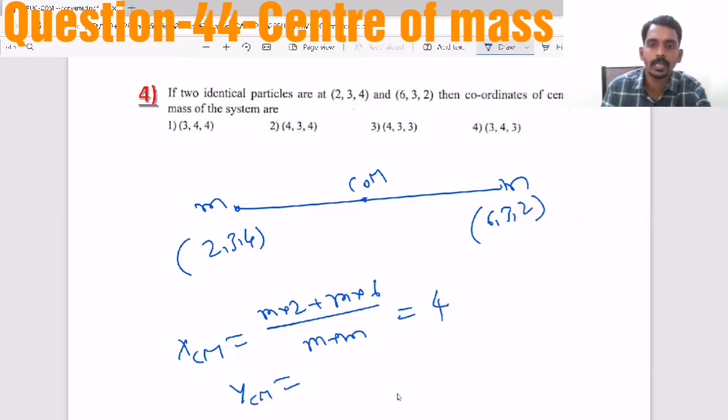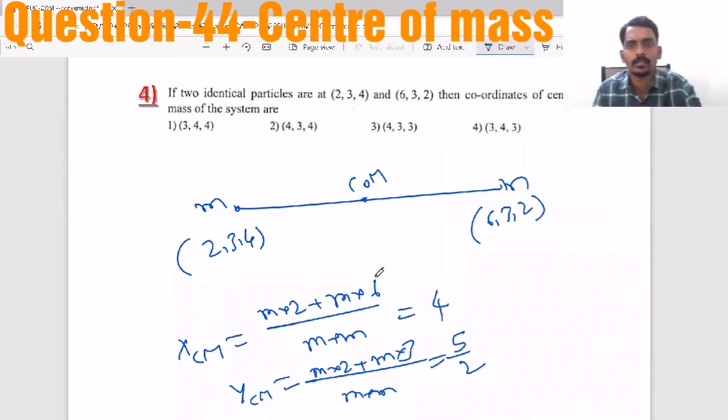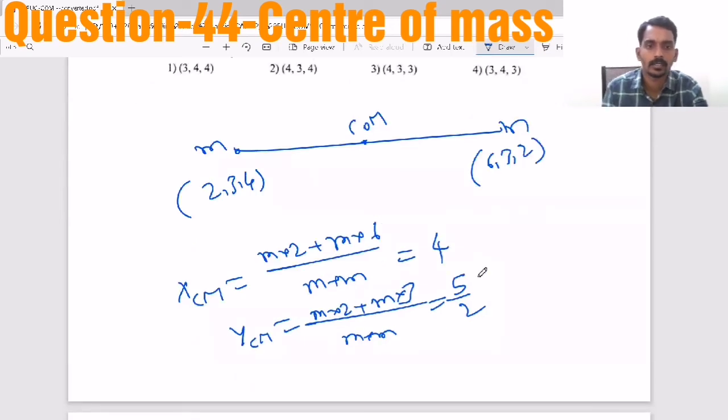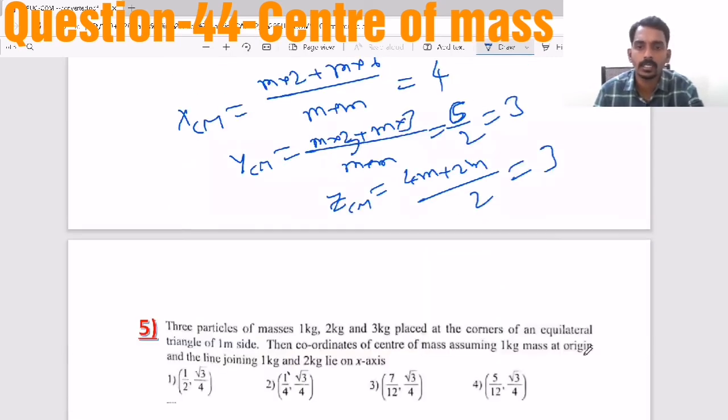Similarly, YCM, when you consider m into 3 plus m into 3 by m plus m, that is 6 by 2, that is 3. Then similarly ZCM, Z is 4 and 2, so 4m plus 2m by 2m, that is again 3. So the answer is (4, 3, 3).